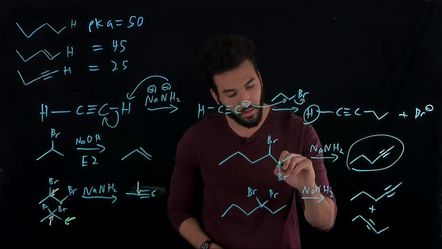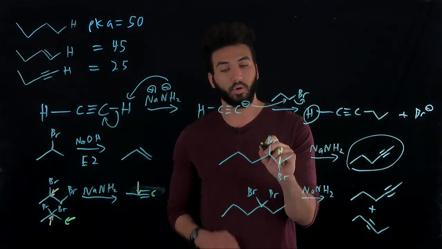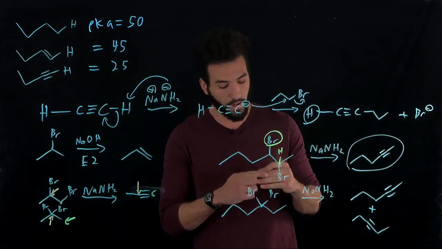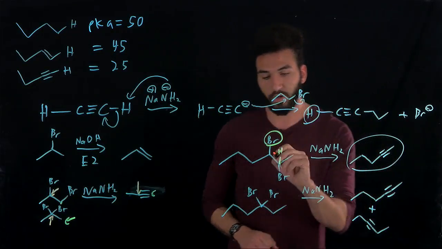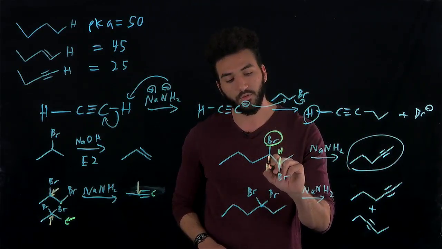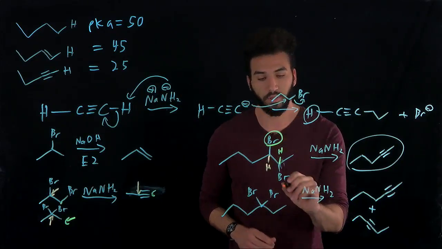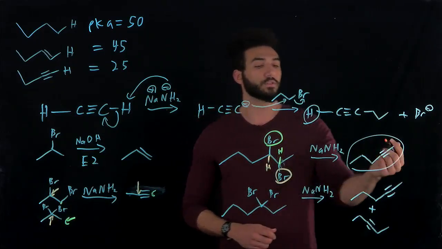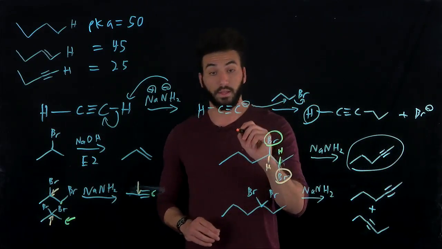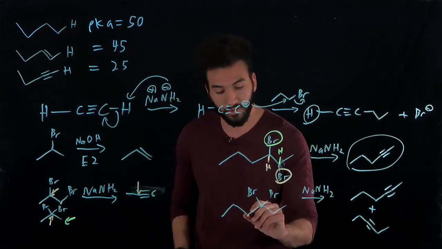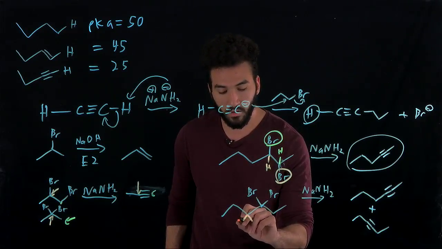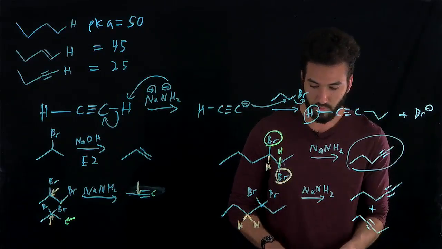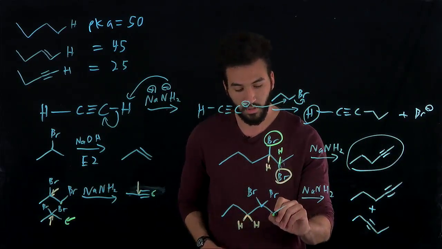This hydrogen right here is responsible for pulling off this bromine, while this hydrogen right here is responsible in the E2 reaction for pulling off this bromine. So these 2 E2 reactions happen to form this alkyne, while in this starting material we have hydrogens both here, there, and over here.